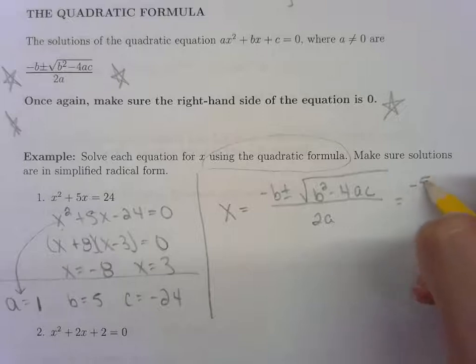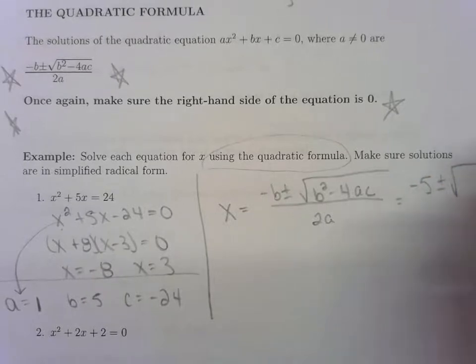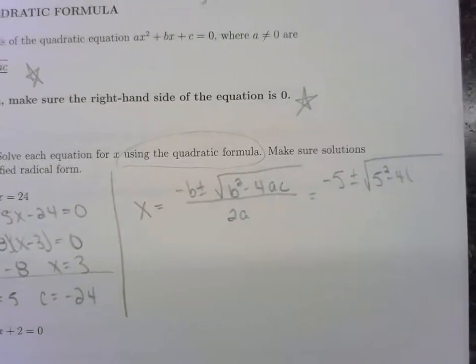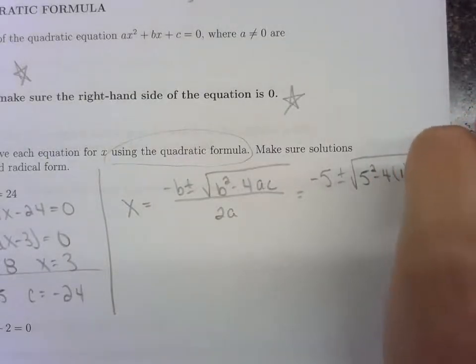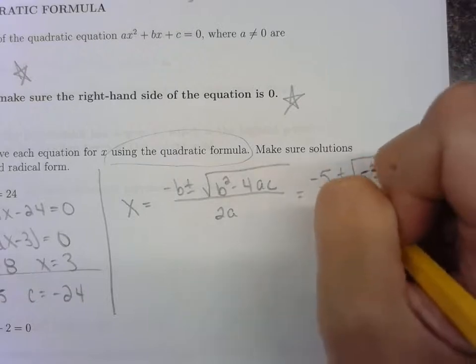So this would be negative 5 plus or minus the square root of 5 squared, that's b squared, minus 4 times a times c, which is negative 24, divided by 2 times 1.